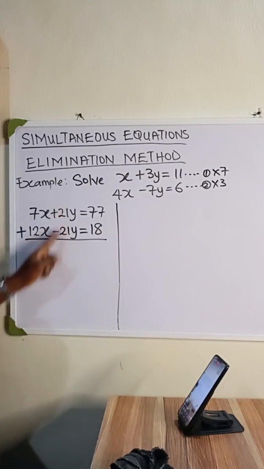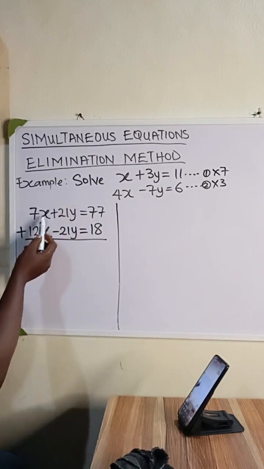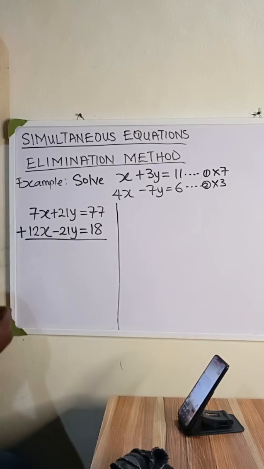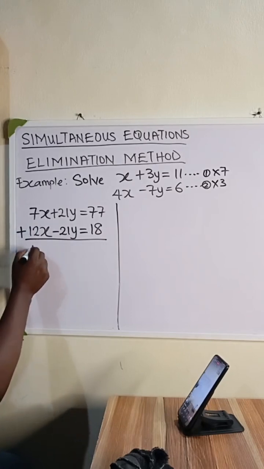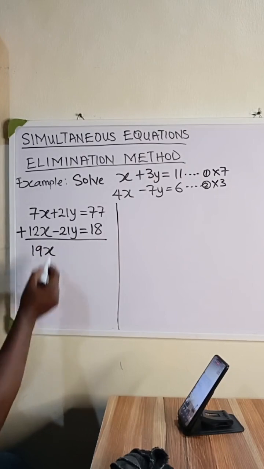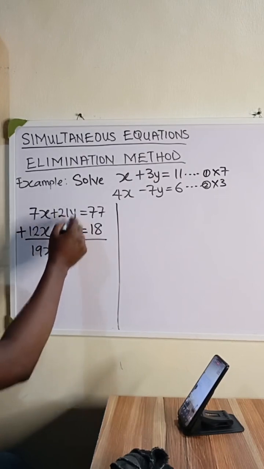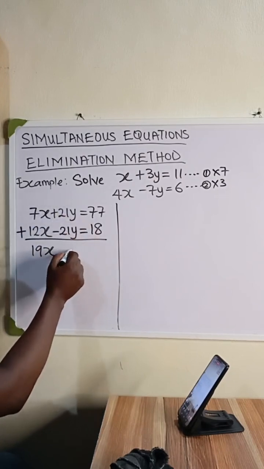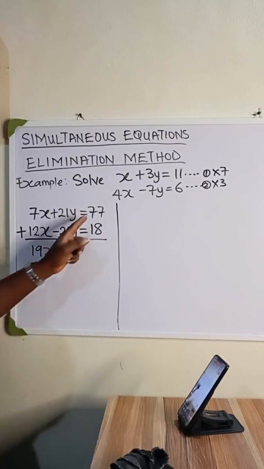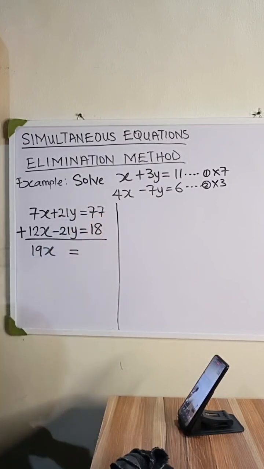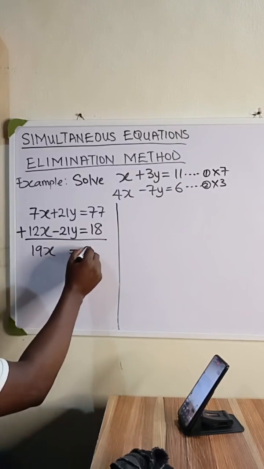So we've already seen that this will give us 0 when we are adding. But here we have 7x plus 12x. This will give us 19x. This will give us 0, so we don't need to write it. So 71 plus 18, what does that give us? $95, correct.